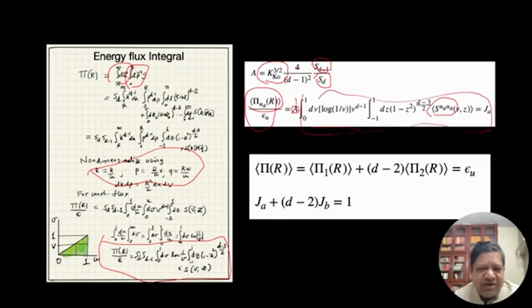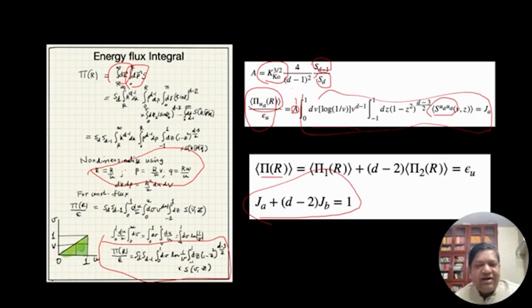So this integral is known. So it turns out you can do the total flux, which is the sum of all these fluxes, and we have the constraint. The whole integral, multiplied by A, is J. So J plus (d minus 2) J_b is 1, and there will be prefactor A outside.